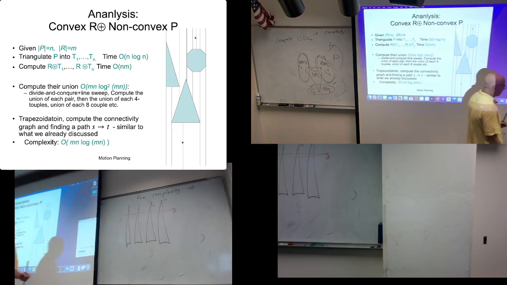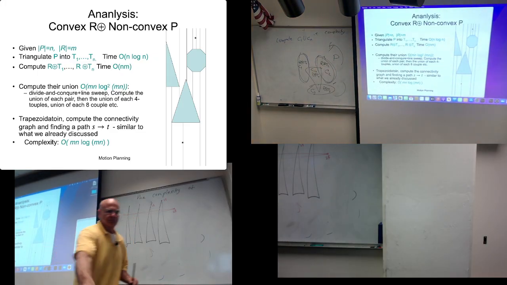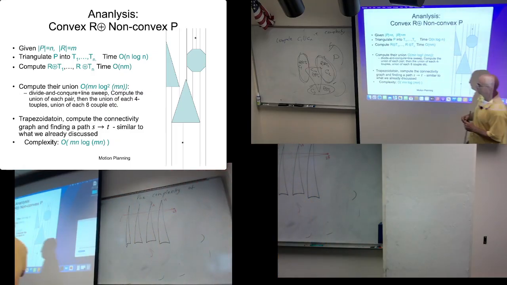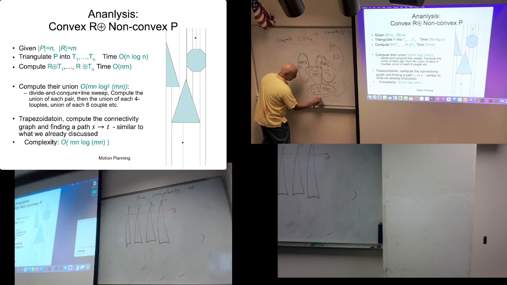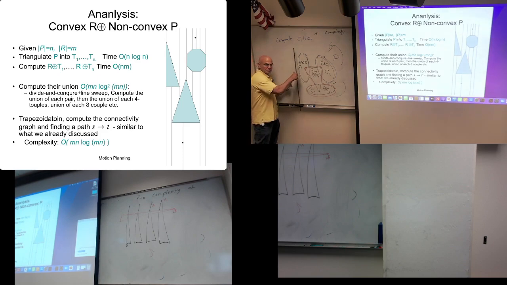Now compute the union of the other pair, C4 and C3, which is this region. How do I compute the union? Just doing a line sweep. How much time do you spend? Linear in the number of obstacles so far, times log n for sorting in each event that we are handling. You generated a lot of vertices, including vertices that will vanish later on. But still, every pass of the line sweep only takes n log n time.